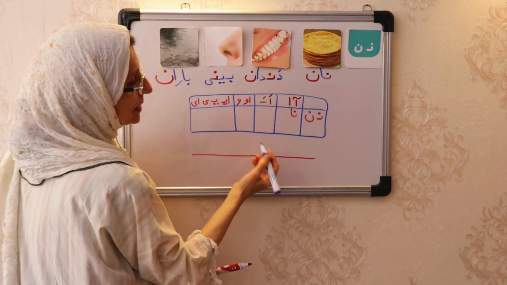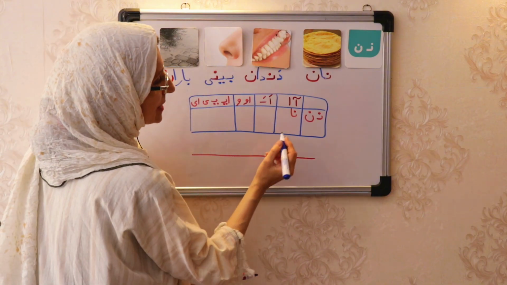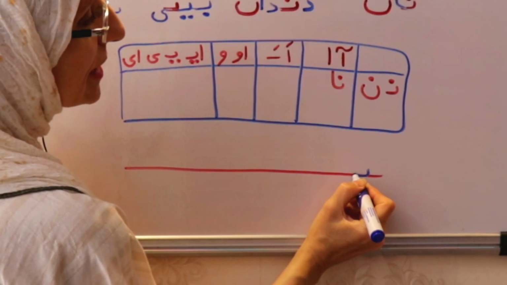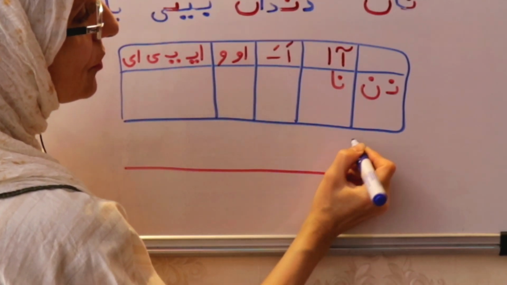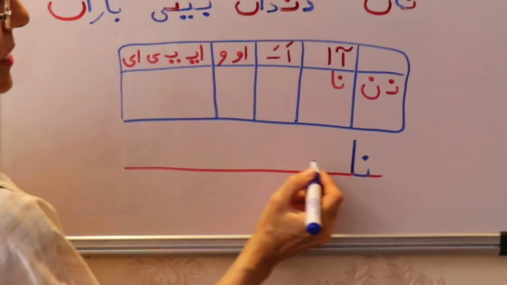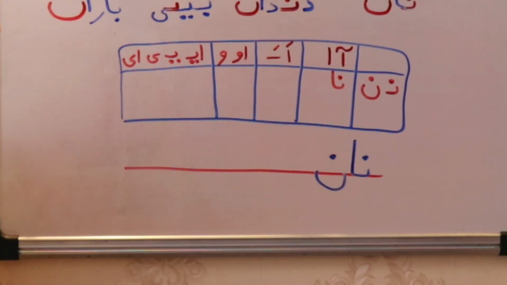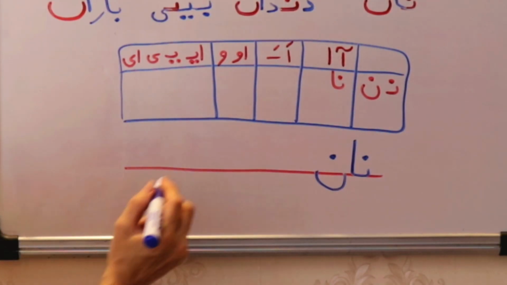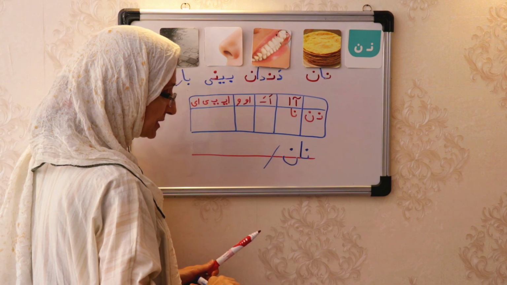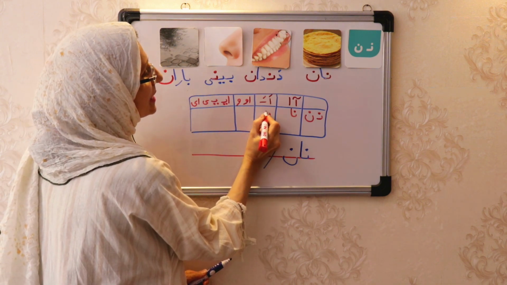Look carefully at how I connect the sounds with each other in writing. First write ne, tooth go up, then put the dot for na, na, n, non. If we make friendship between ne and a, then we have na.